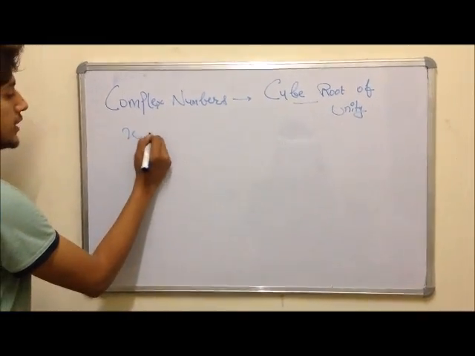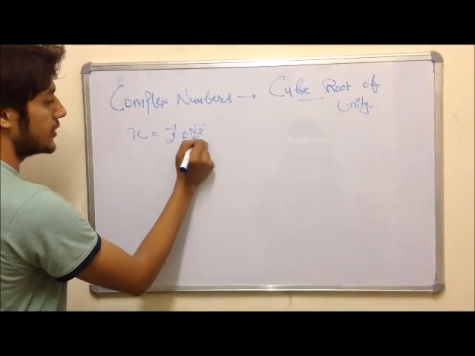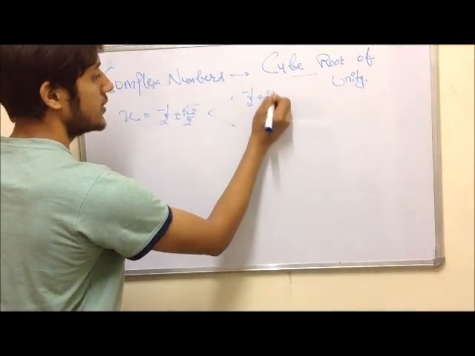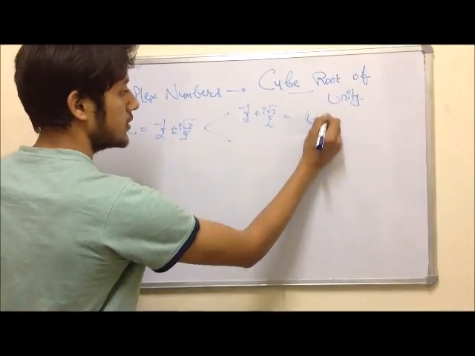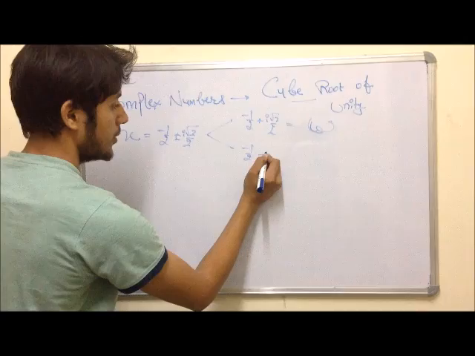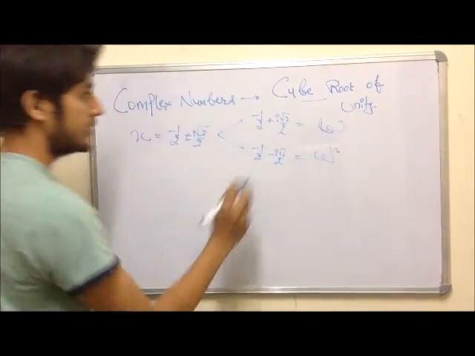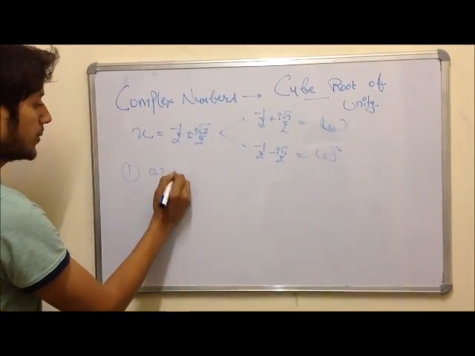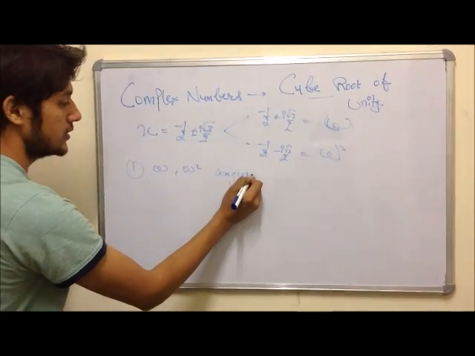Since we got the value of x as minus half plus minus iota root 3 by 2, let's split it. Minus half plus iota root 3 by 2, consider this as omega. So now minus half minus iota root 3 by 2 will automatically be omega square. This is because we have two characteristics of cube root of unity. First of all, omega and omega square both are conjugate to each other, which I stated earlier.